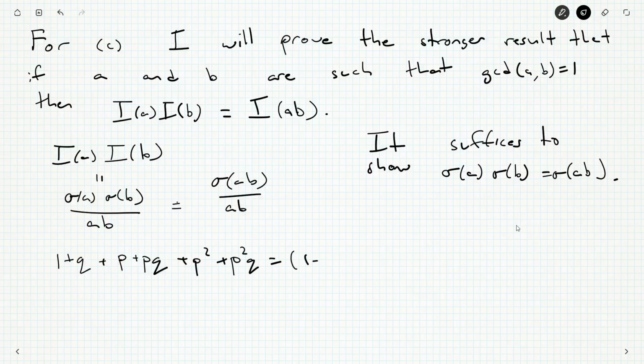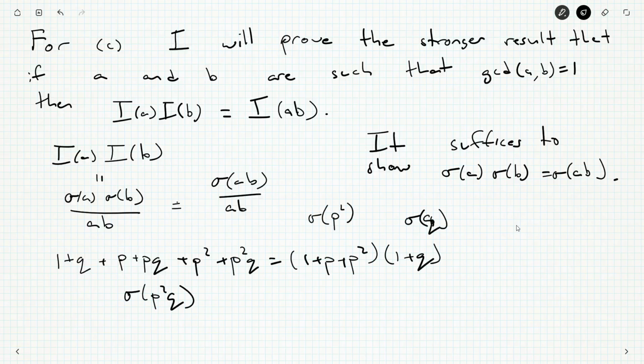I could rewrite this. I could factor out. And hey, this is sigma of p squared. This is the sigma of q. But this one over here is the sigma of p squared q. So this is how you would do the C part normally.